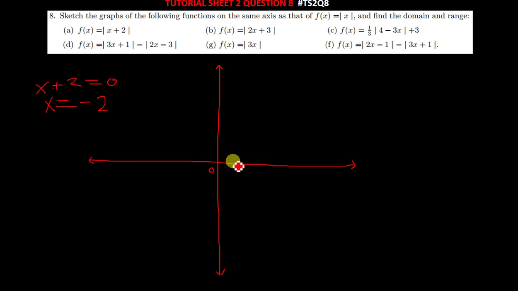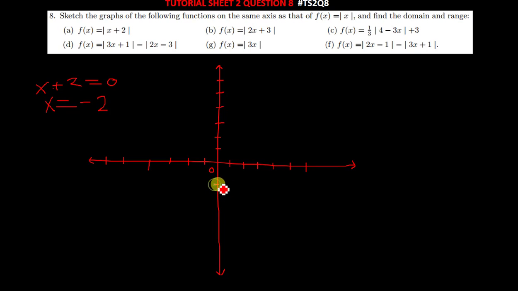Then, according to this question, I can write 1, 2, 3, 4, 5, 6. Then I have 1, 2, 3, 4, 5, 6. Then we have the negatives 1, 2, 3, 4, 5, 6.